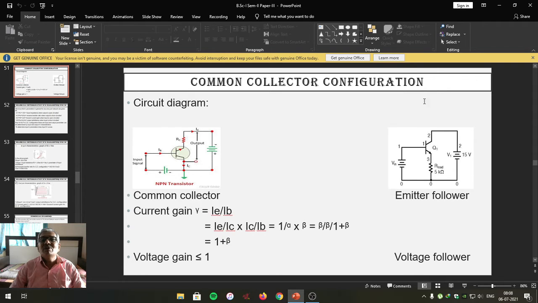Friends, today we are going to consider the third configuration of BJT, known as common collector configuration. As we have studied in common emitter as well as common base, in common collector configuration, collector is common for input as well as output.